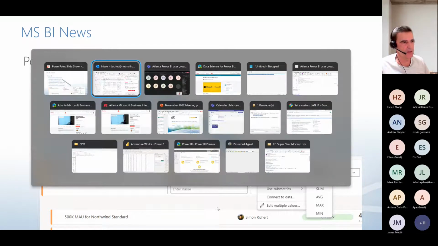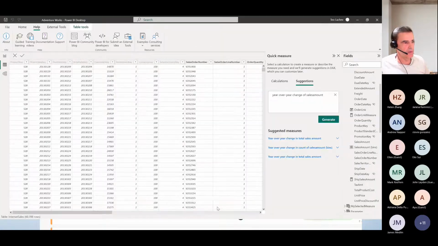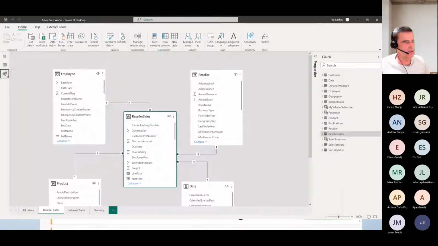All right, so that one maybe I can show real quick. Here we have our favorite AdventureWorks model. And as you know, we have a model view that shows the relationships. For some obscure reason, for a long time you could do some things in the data view, but if you went to the relationships view, you couldn't do them.